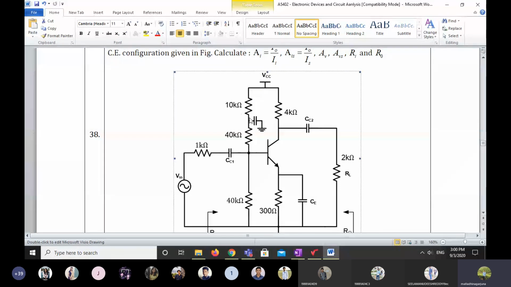If it is short circuit, this 10 kilo ohm resistor, one end is connected to the ground here, and the second end is also connected to the ground here. See the circuit, this 10 kilo ohm resistor is connected to the ground, and this is also connected to the ground. This is also ground, right, in the AC analysis. So for this circuit diagram, this 10 kilo ohm resistor gets eliminated from the circuit. So we need not consider this 10 kilo ohm resistor in any way.